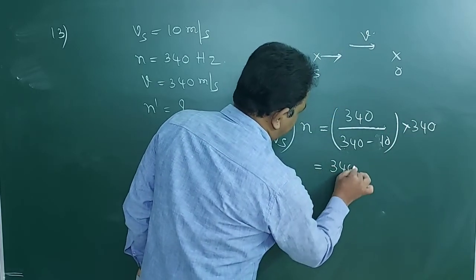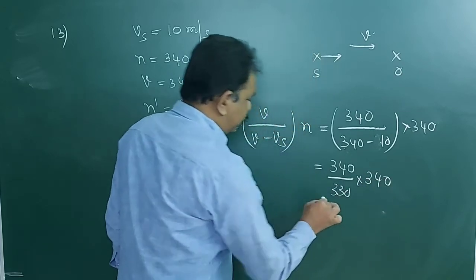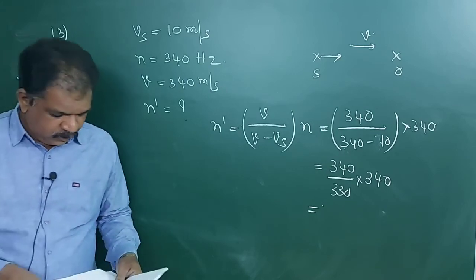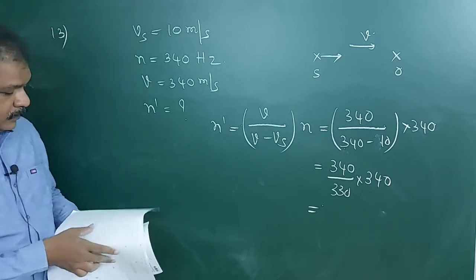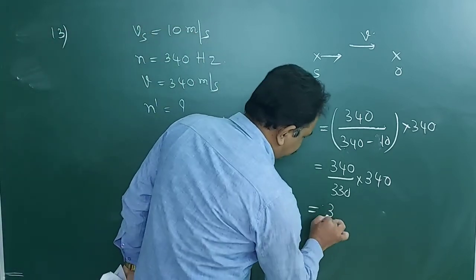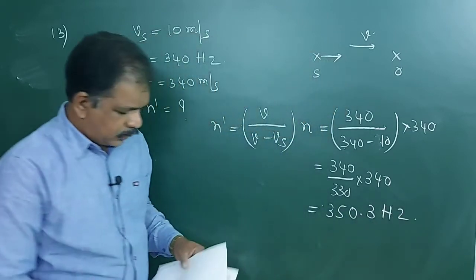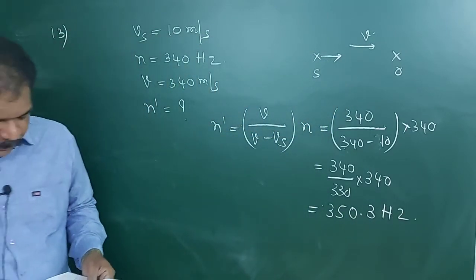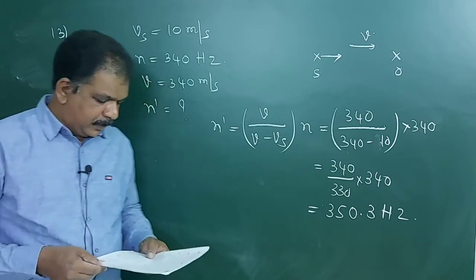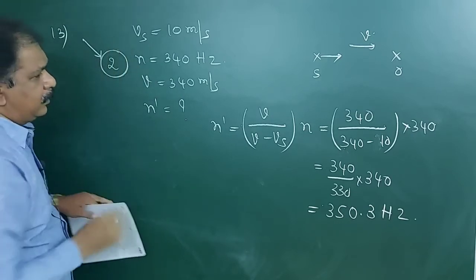So 340 by 330 into 340. If we calculate this, we will get 350.3 Hz. So 13, it will be second option.